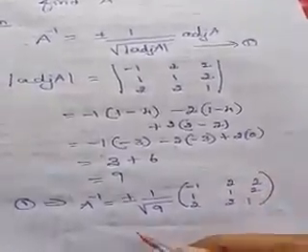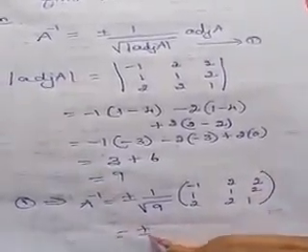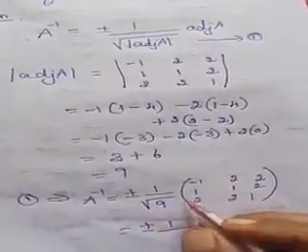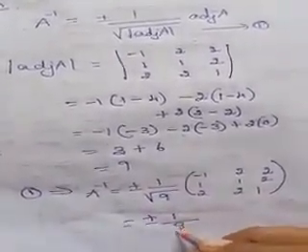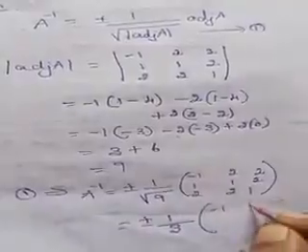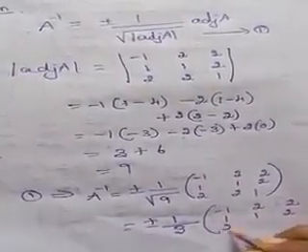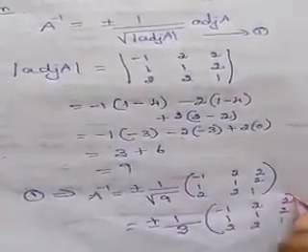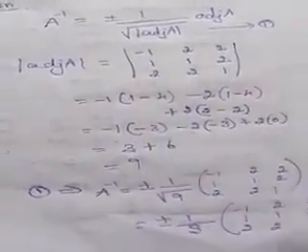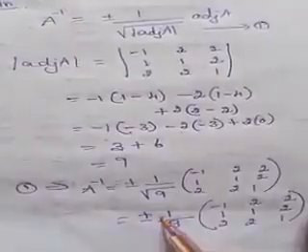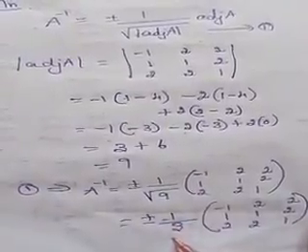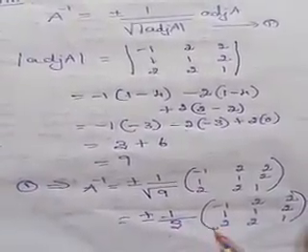See, plus or minus 1 by root 9. We know the value, root 9 is 3, into minus 1, 2, 2, 1, 1, 2, 2, 2, 1. Here no number is common to take out and divide by 3. So this is the answer for this.